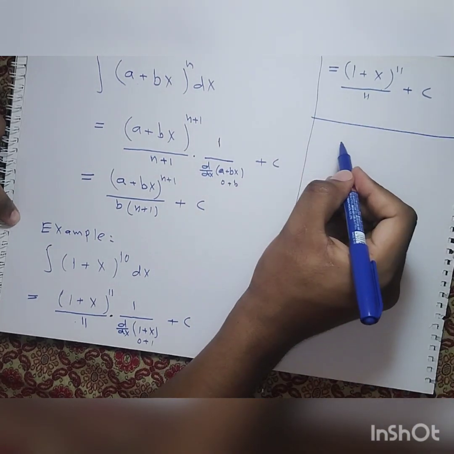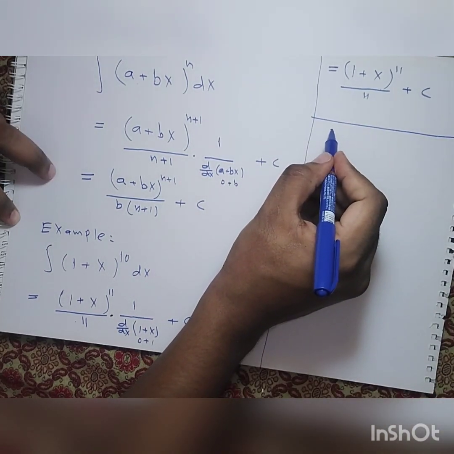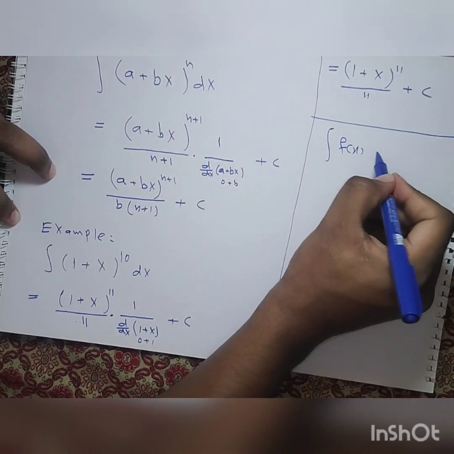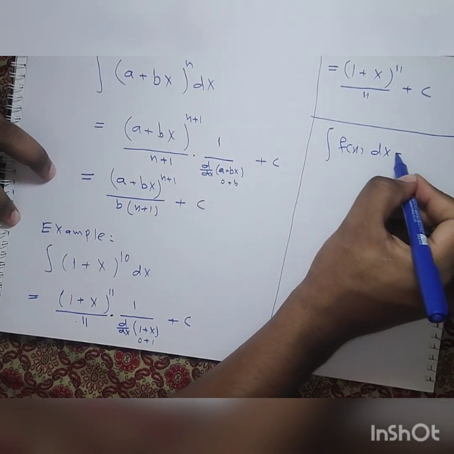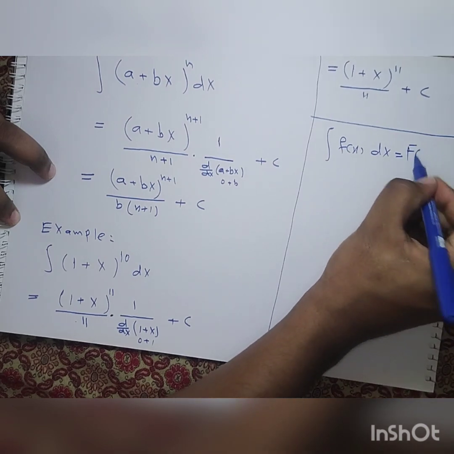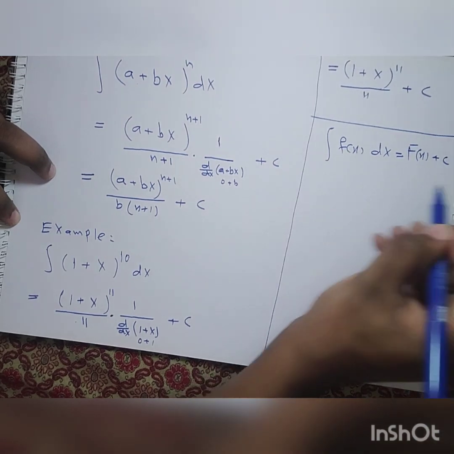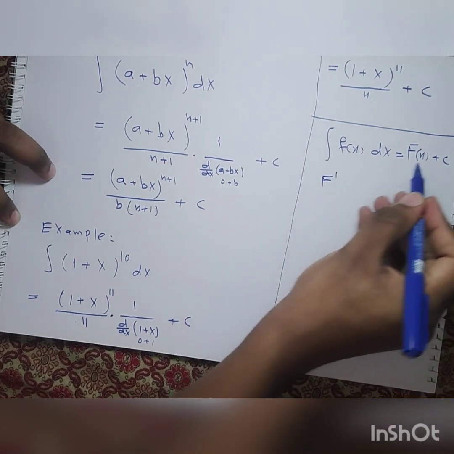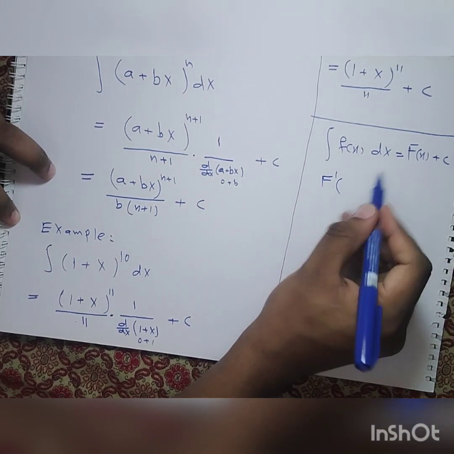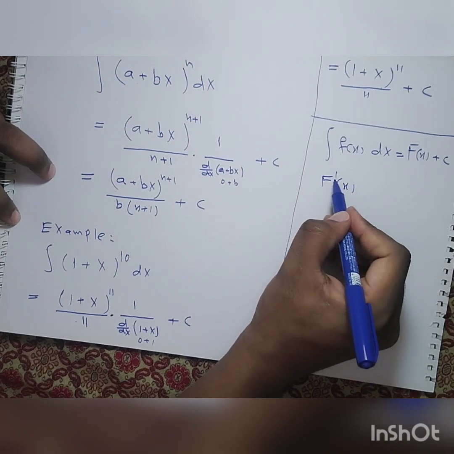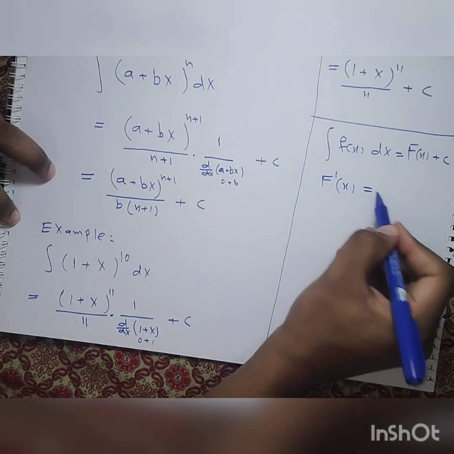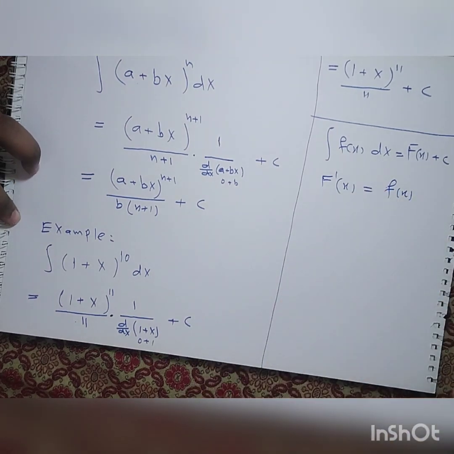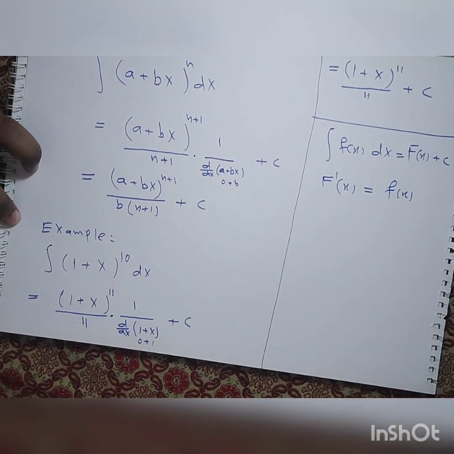In our previous explanation, we said that if you have an integral of a function f of x with respect to x, so dx, and you get a new function, F of x plus a constant, how do you make sure we are correct? After taking the derivative of the resultant function, which is F prime of x, that must be equal to f of x, the integrand function, which is the original function.